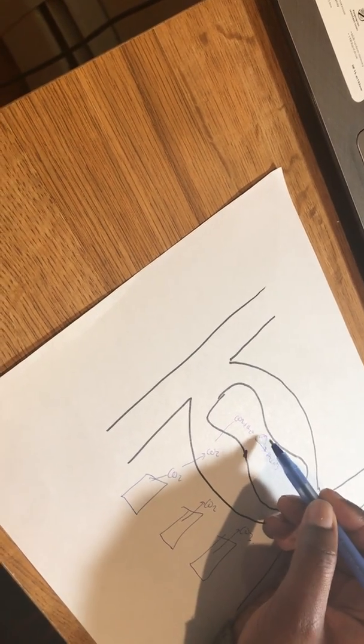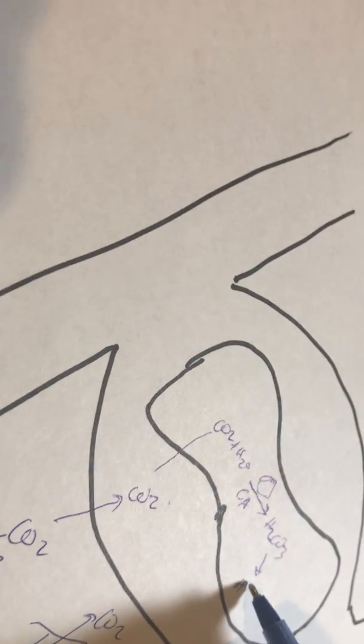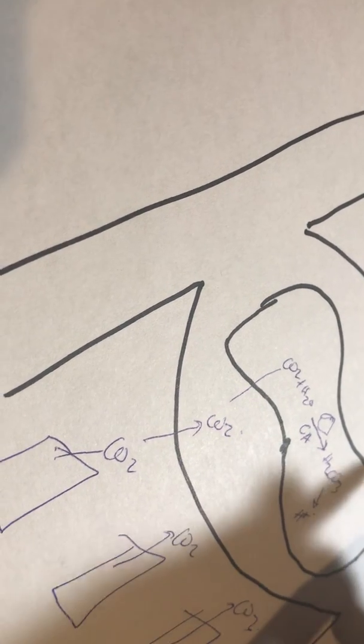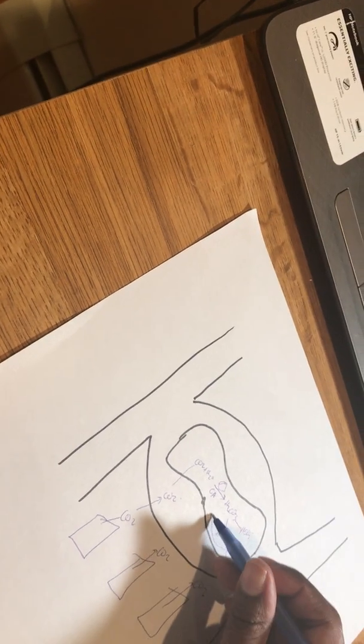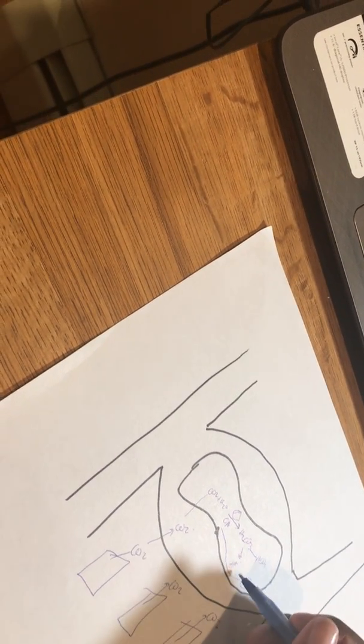This is your enzyme carbonic anhydrase, represented by CA, and then it dissociates into protons, which are your hydrogen ions, and bicarbonate. So this is your RBC, and within the RBC you have hemoglobin. What happens is that the hydrogen or the protons that are produced in this chemical reaction are picked up by your hemoglobin.